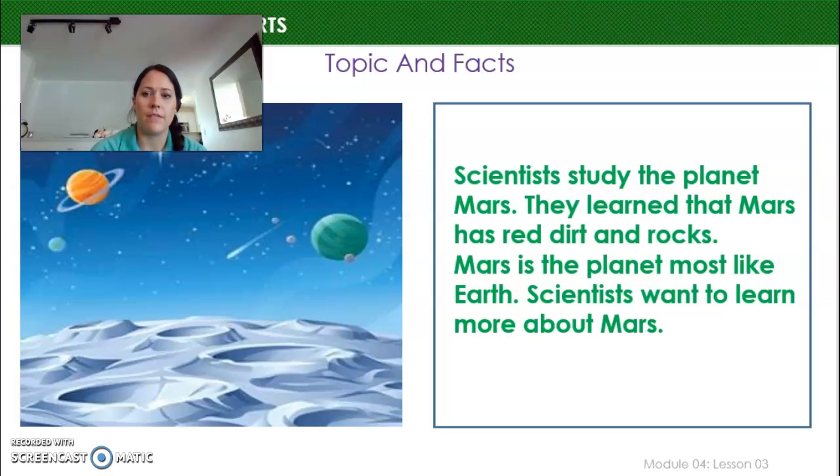We have been working on informative writing. And one thing you have to have in informative writing is a topic sentence. So let's look at our mini paragraph over here and figure out which one is the topic sentence. So listen as I read it out loud. Scientists study the planet Mars.